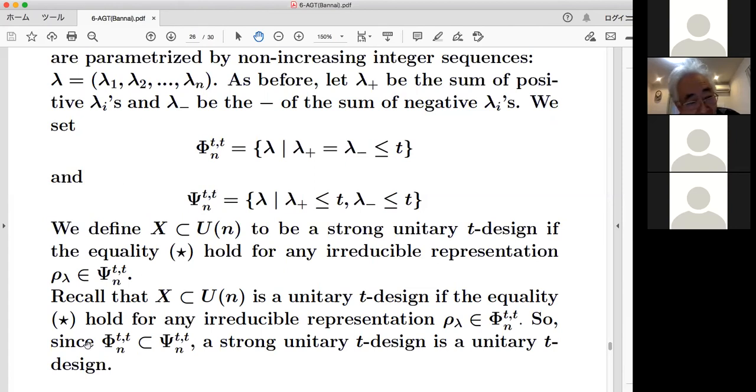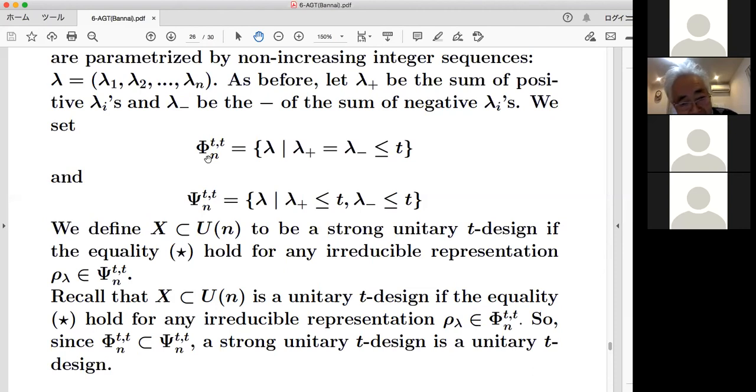And also, please recall that a finite set X is an ordinary unitary t-design if the equality of star holds for any irreducible representation rho sub lambda in this phi sub n,t.